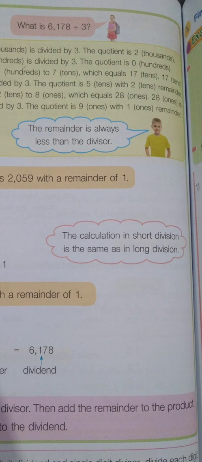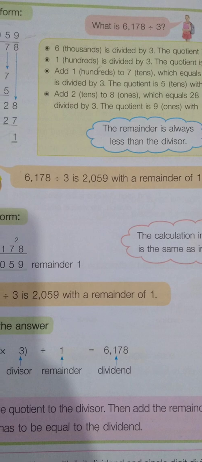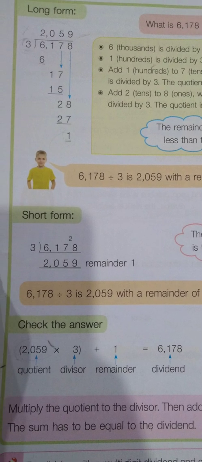The calculation in short division is the same as in long division. So 6 divided by 3 is equal to 2. Then 1 divided by 3 is equal to 0. And then 17 divided by 3 is equal to 5.